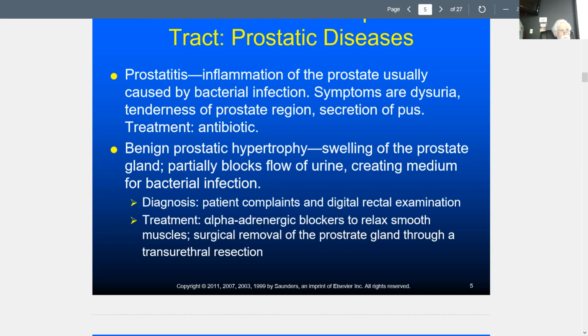Obviously, older has to be males because women don't have prostates. But anyway, by the time they're in their 80s, probably 85% will have an enlarged prostate. It can be anywhere from something that restricts the flow of urine a little bit, to very severe.